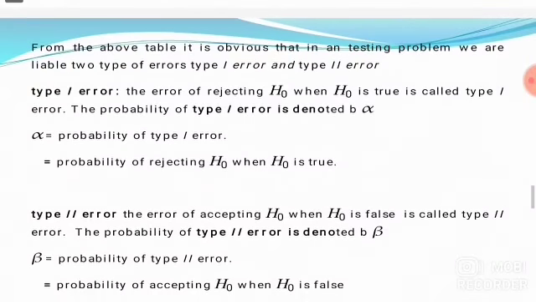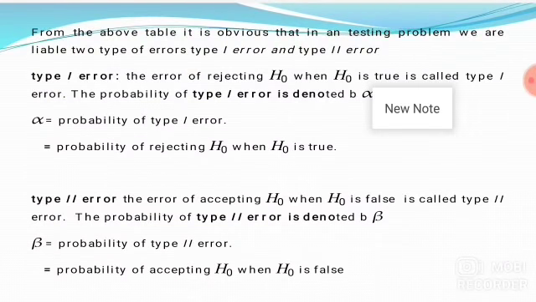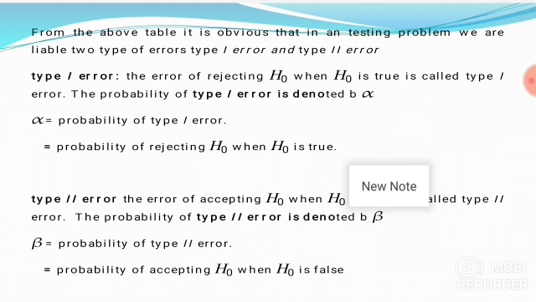Now from the above table, it is obvious that in a testing problem we have two types of error: type first error and type second error. Type first error is the error of rejecting H0 when H0 is true. The probability of type first error is denoted by alpha.